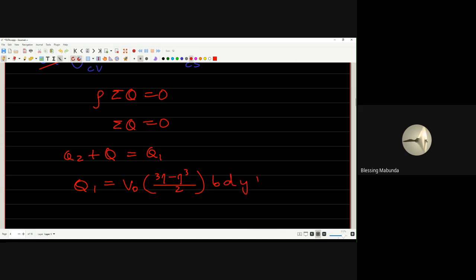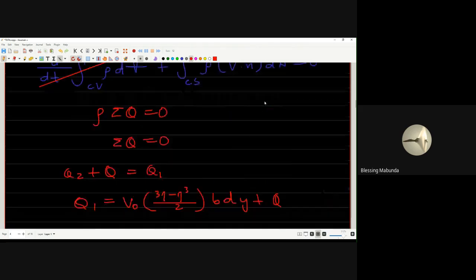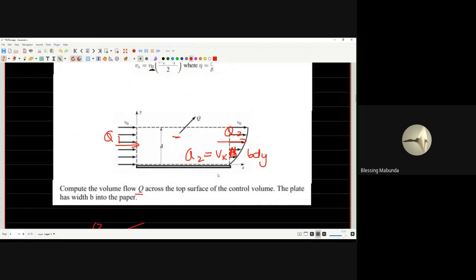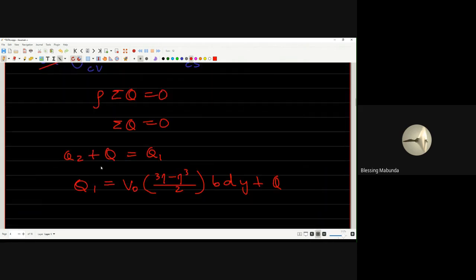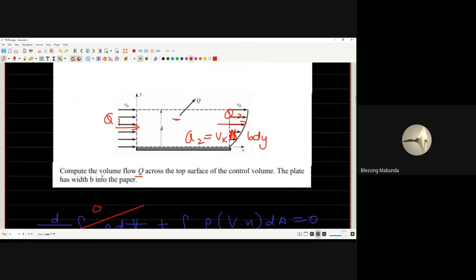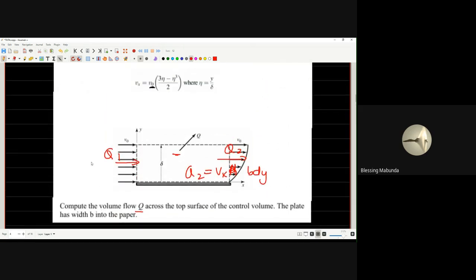And then for Q, we're going to keep that as is because that's actually what we're looking for. And then for Q1, we'll take the V naught and use the same formulation by considering that change in dy as well.